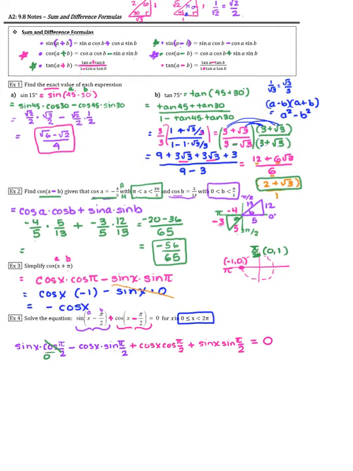Sine of pi over 2 is going to get replaced with 1. Cosine of pi over 2 again goes to 0, so that whole term will go away. Sine of pi over 2 gets replaced with 1. So what do we have here? We have minus cosine x, that's from right here, times 1, plus sine x equals 0.